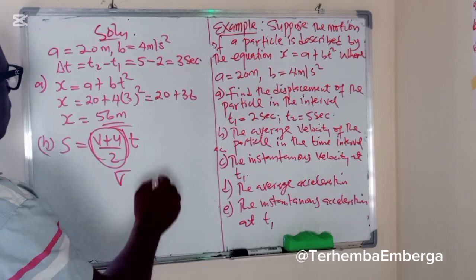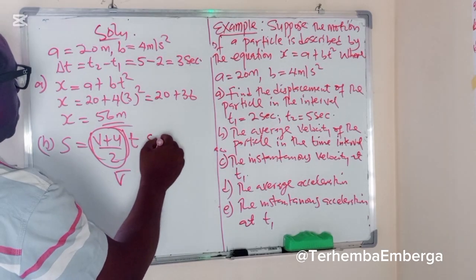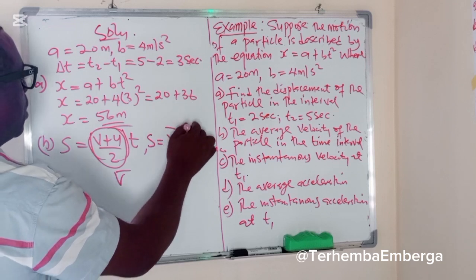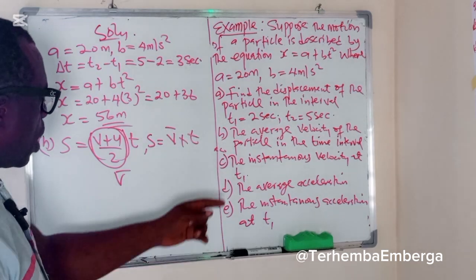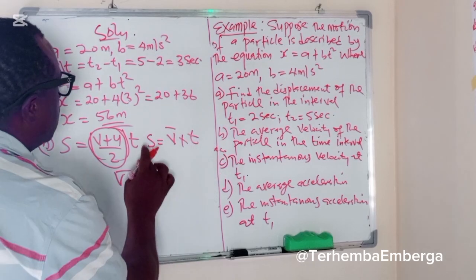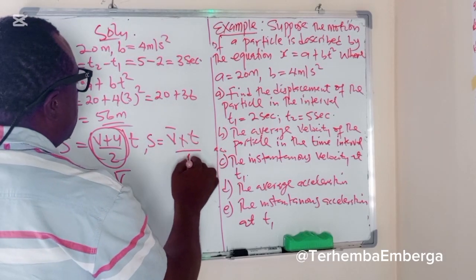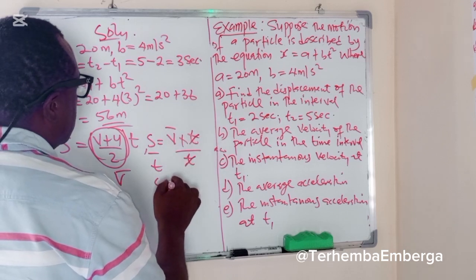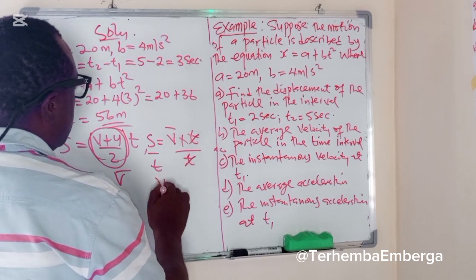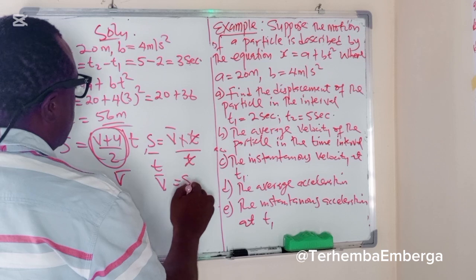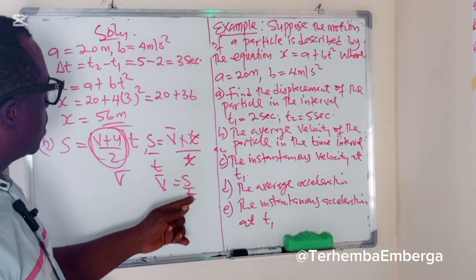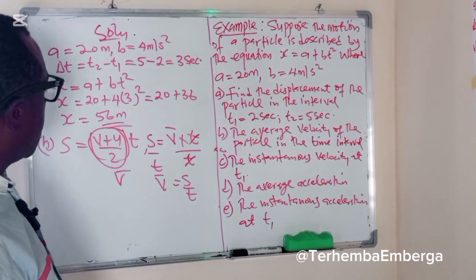So we can say that S is equal to average velocity times time. But what we are looking for here is the average velocity. So by the time you divide both sides by t, the average velocity becomes S over t, that is the total distance covered over time.